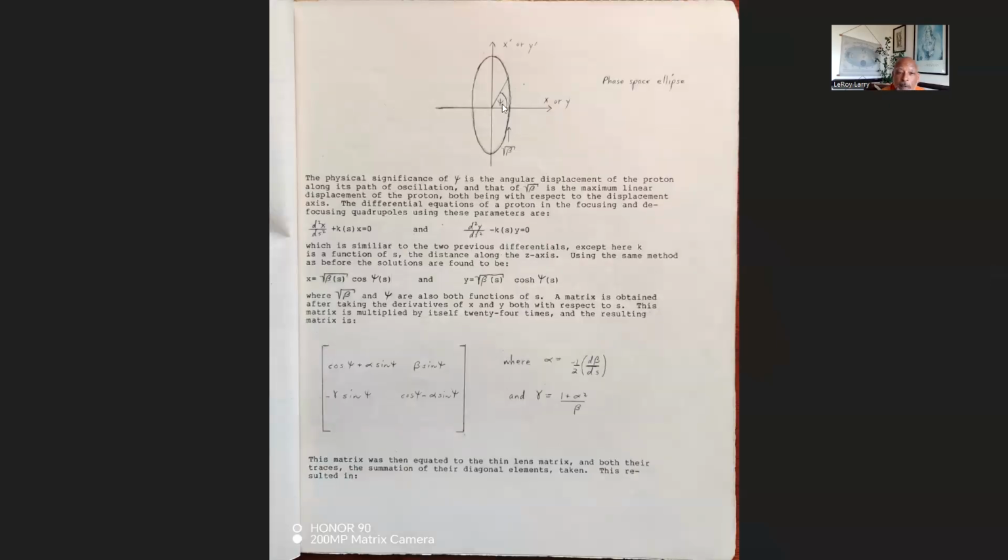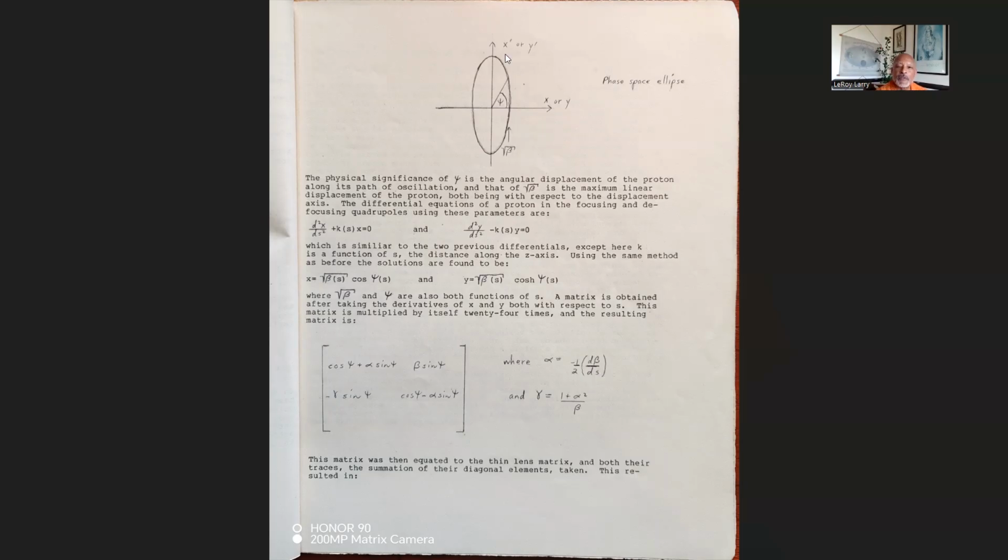You remember this diagram I drew that shows the phase space ellipse for protons going through a quadrupole in a synchrotron, right? So we want to switch from the force constant K and the length of the quadrupole to phi and beta.